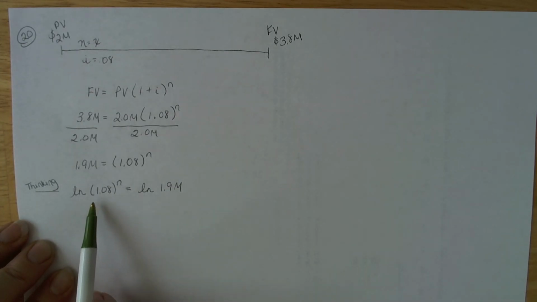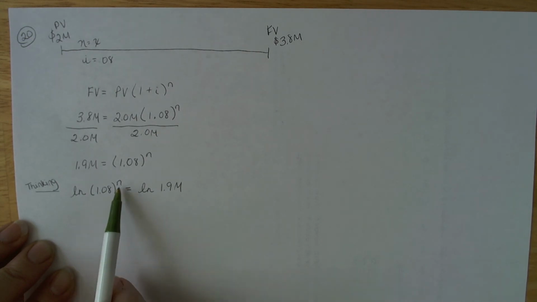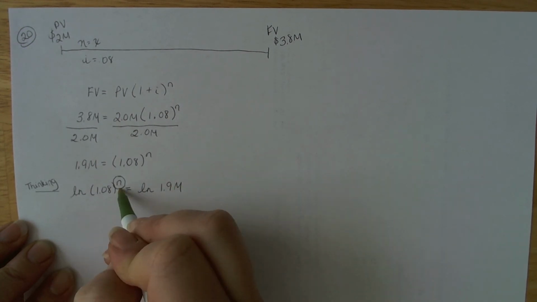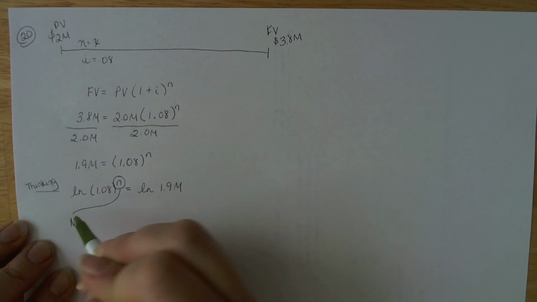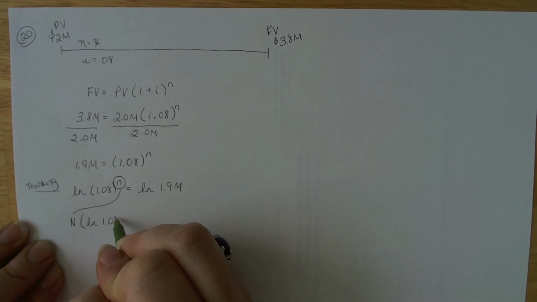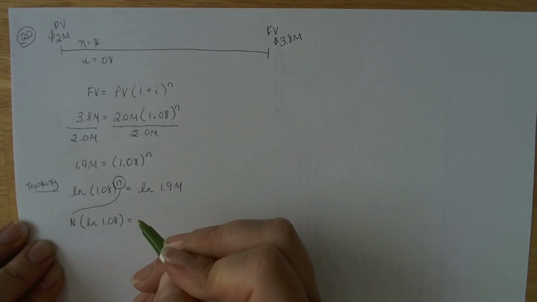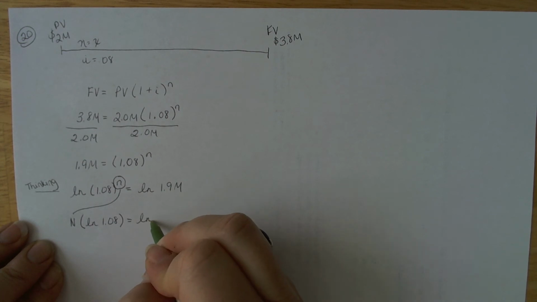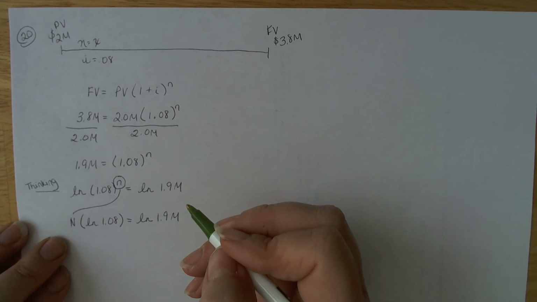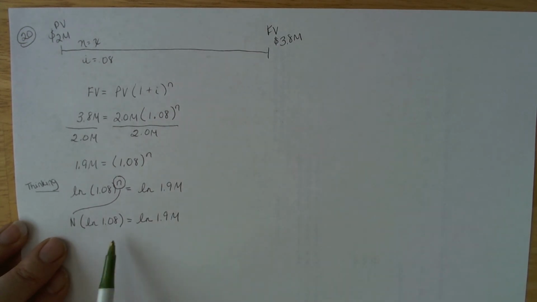Now, the next thing that I'm going to do is move this n down to the normal level of the problem, which gives me n times the natural log of 1.08 is equal to the natural log of 1.9 million.